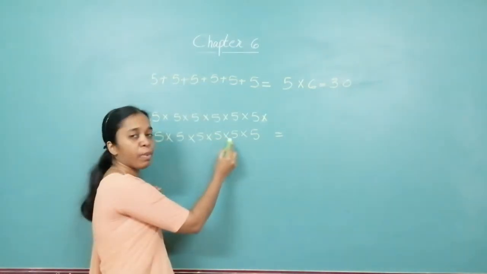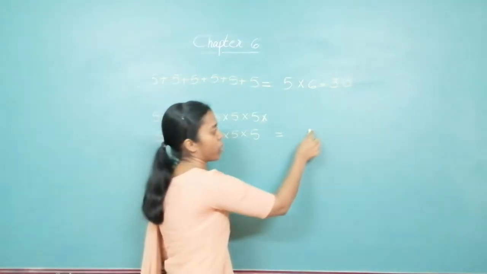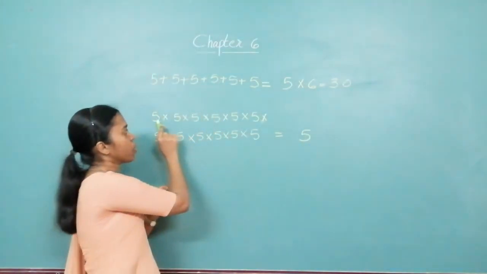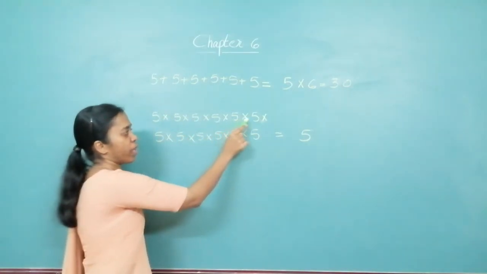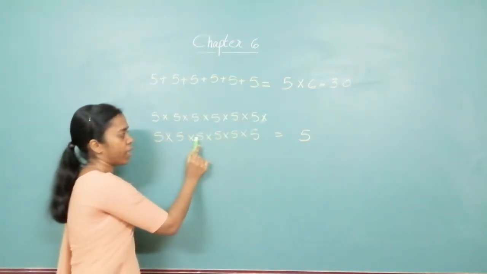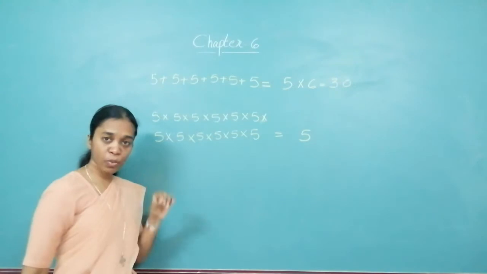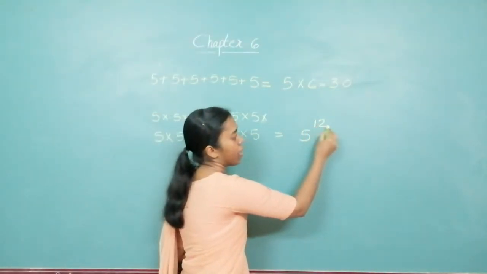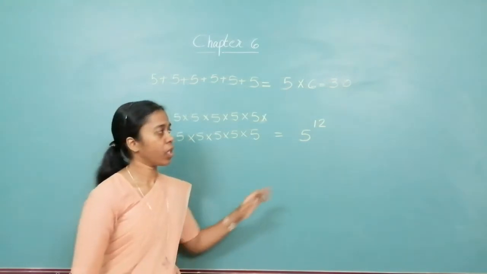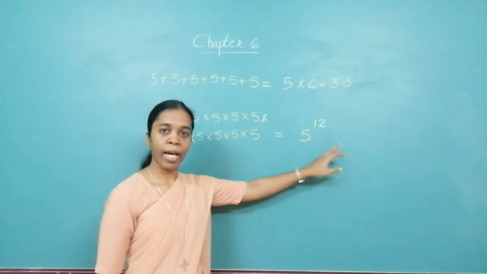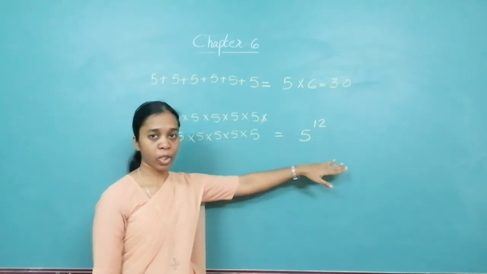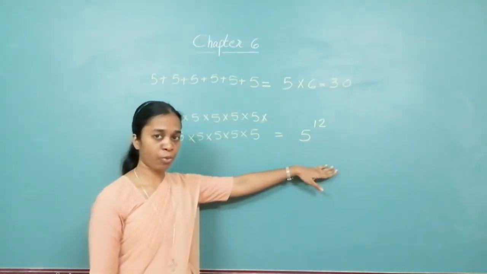Which number are we multiplying? 5. So write 5. And how many times? 1, 2, 3, 4, 5, 6, 7, 8, 9, 10, 11, 12. So the 12 has to be written like a superscript above 5. And this is known as the index form.